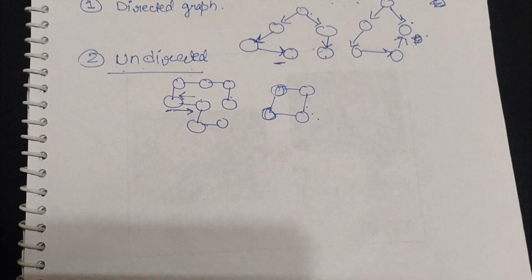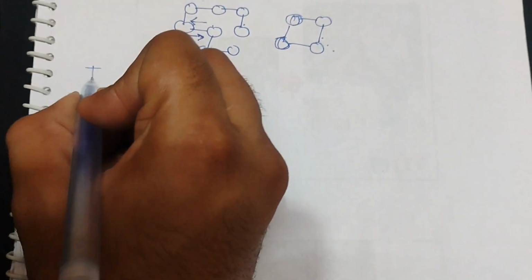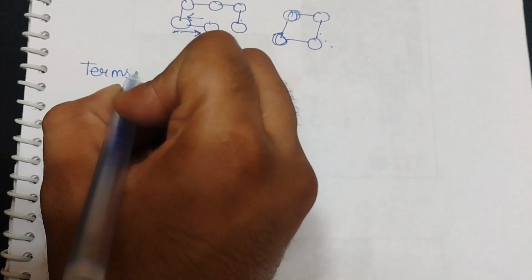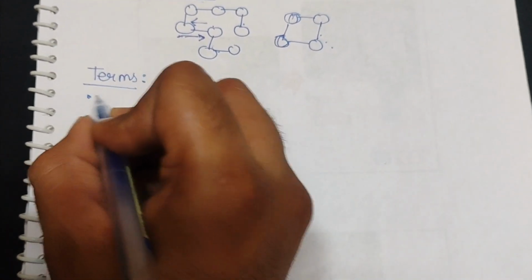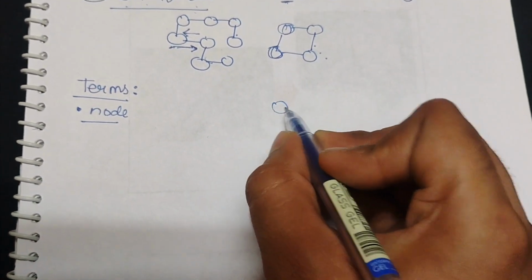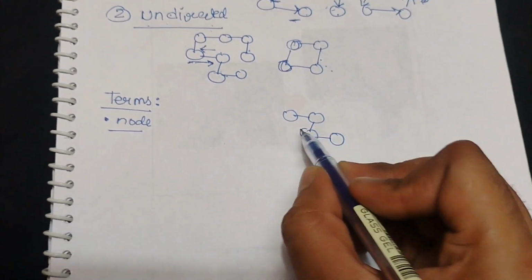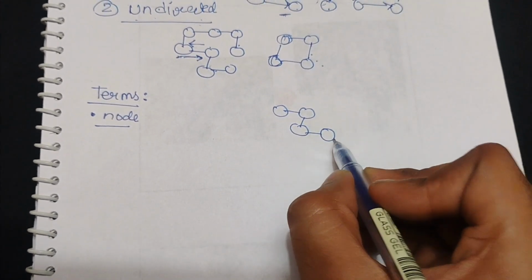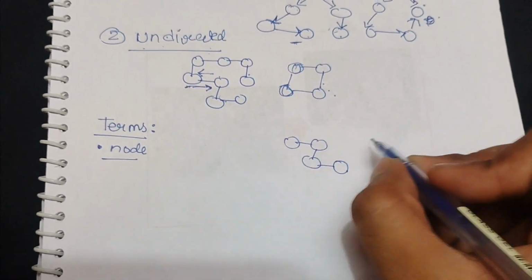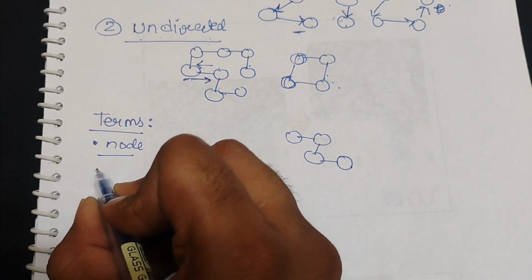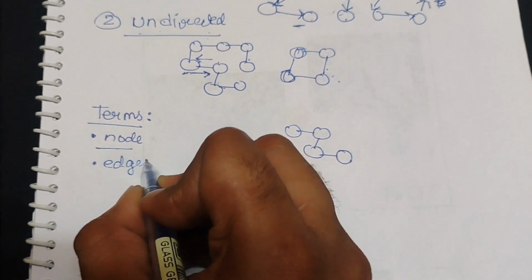Now we will discuss some basic terminologies that we will be using throughout. Some terms, like node, which we have seen in trees: these are objects connected to each other, and they are called nodes, right? Another is edges.